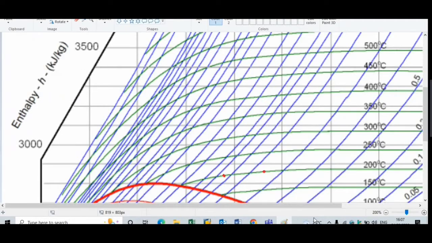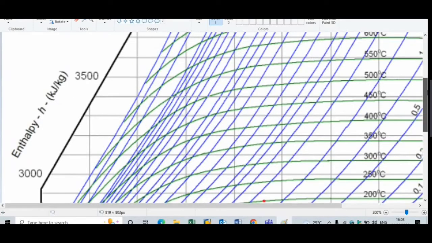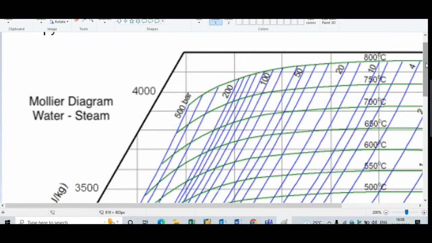The steam is first expanded at constant enthalpy, and then it is expanded at constant entropy. So we will first select the point 1 for the initial condition of steam. It is given that it is at a pressure of 7 bar and 200 degrees Celsius temperature.